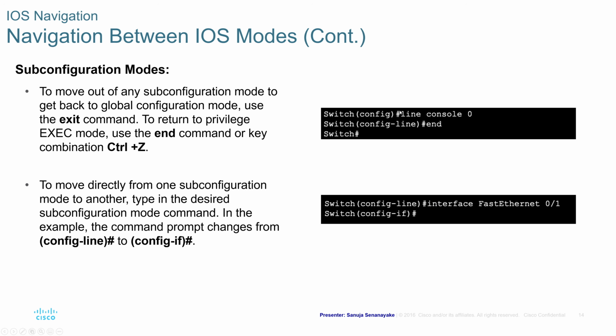So in this Cisco example, they first enter the line console, and in the line console, after they do whatever they want to do, or they decide they don't want to change anything on line console, you can directly enter interface Ethernet and then go into the next sub configuration without exiting back onto the other mode.